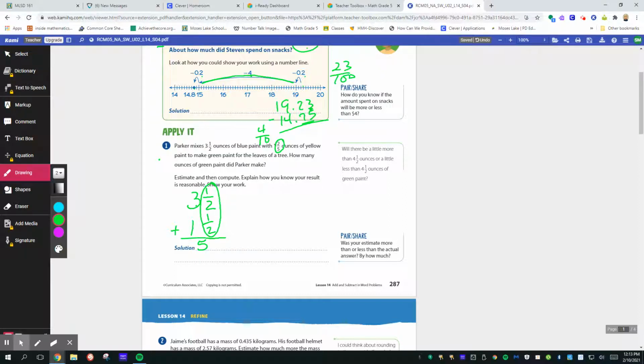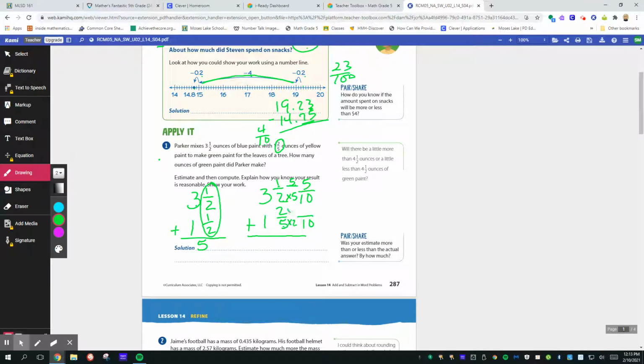But let's do the actual computation for 3 1/2 plus 1 2/5. What is our common denominator going to be? It's going to be 10, right? So I'm going to multiply 5 over 5, because 5 times 2 is 10. 1 times 5 is 5. 5 times 2 is 10.